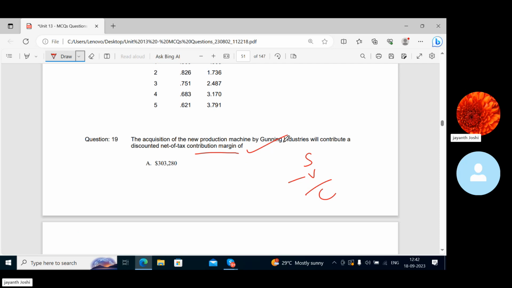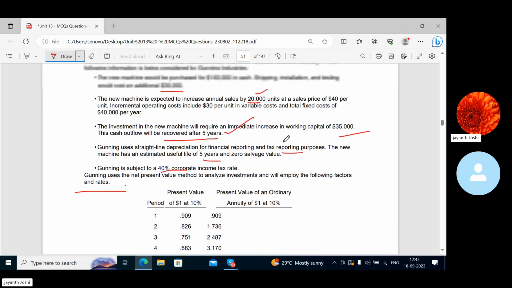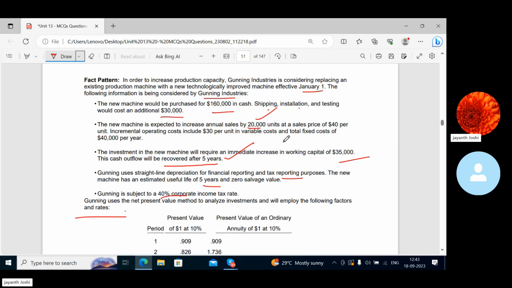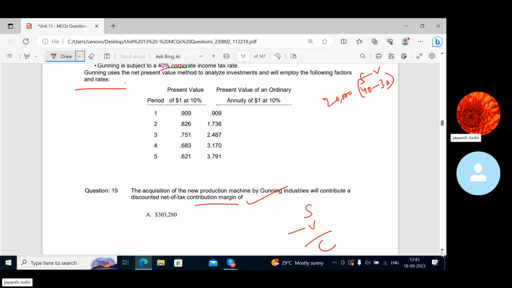Here the sales are going to increase by 20,000, right? Yes. And the selling price and the variable cost are also given. So 20,000 into 40 minus 30, that is sales 10 minus variable cost is contribution, right? So it's going to be 2 lakhs, right? Yes.